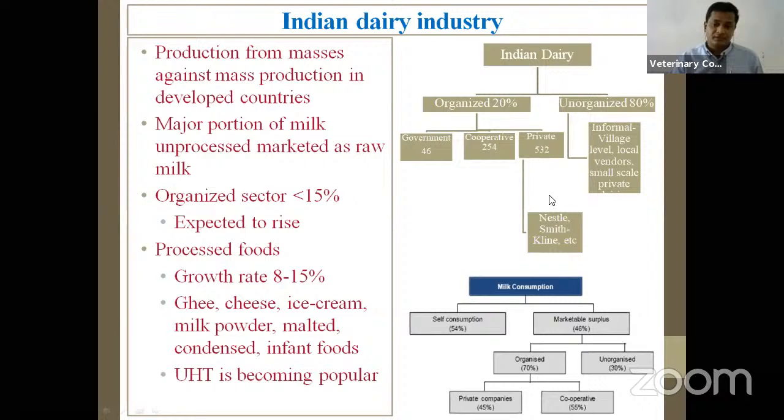Let us see the lower half of the plot that shows the milk consumption. 50% of the milk produced by farmers is consumed locally, by their families or neighboring families. Some 46% is sold as excess milk.